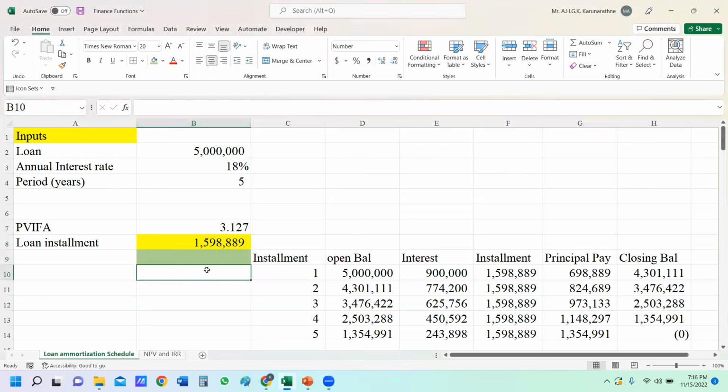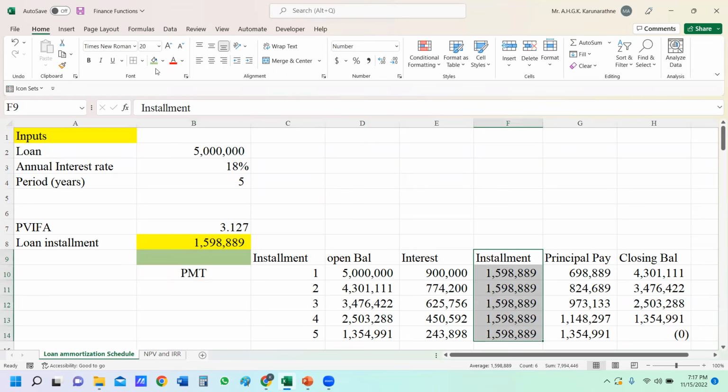So accordingly, we will see how to compute this loan installment. For this loan installment calculation, we have a function called PMT function. With the PMT function, we can easily compute loan installment. That means this column, you don't need to worry.